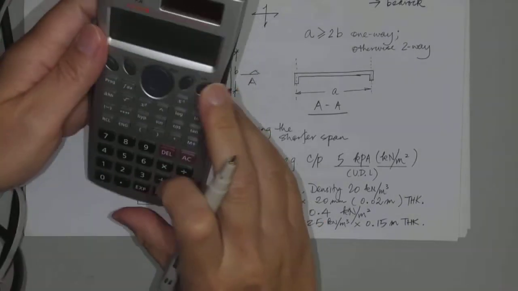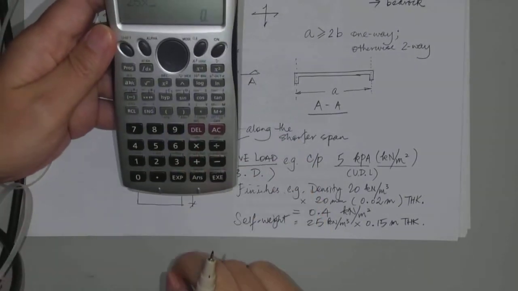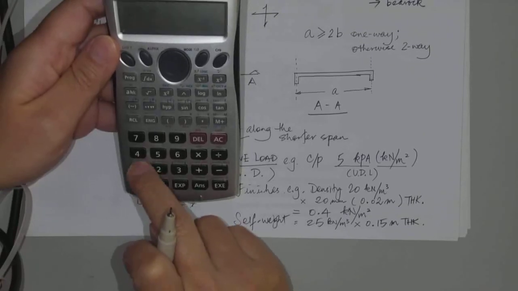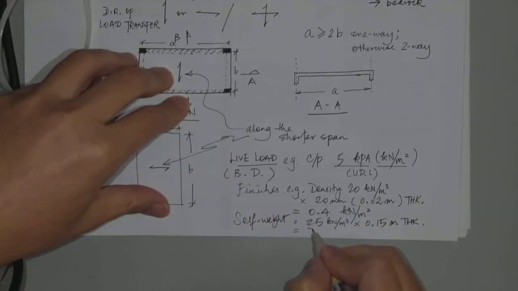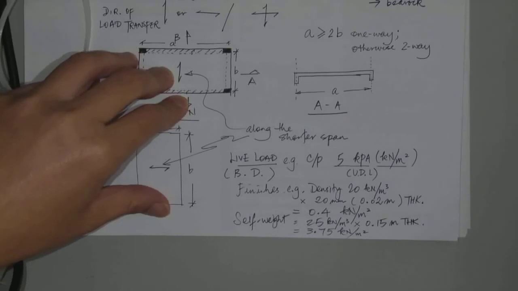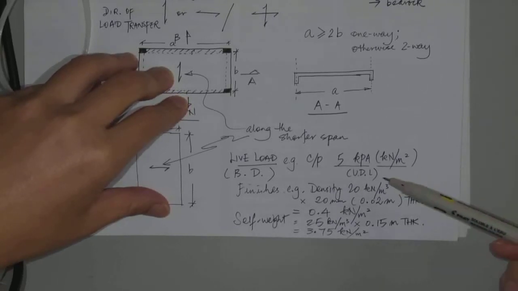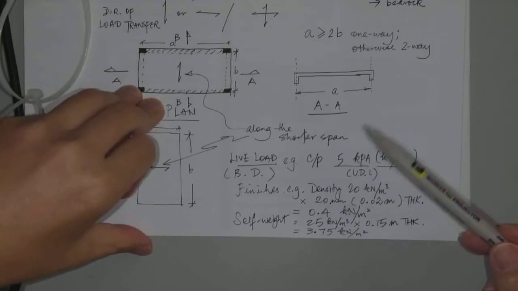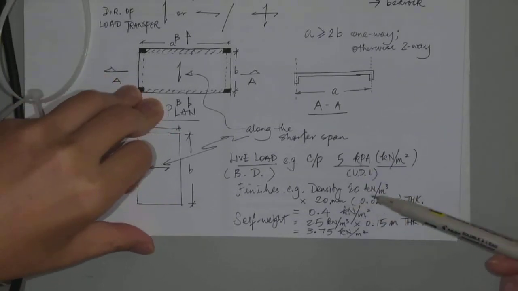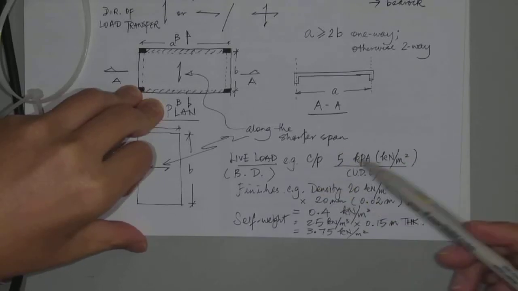So 25 times 0.15 would give you 3.75 kPa, kilonewton per meter square. So make sure you're familiar with all these units. In all these calculations, the units are actually quite important, because if the units are wrong, then everything's just wrong.